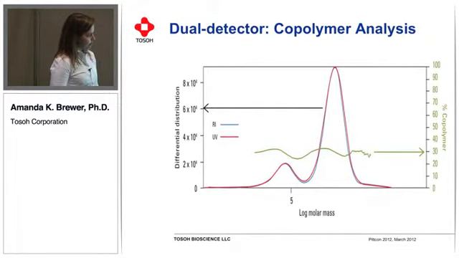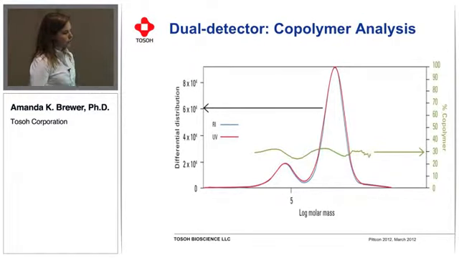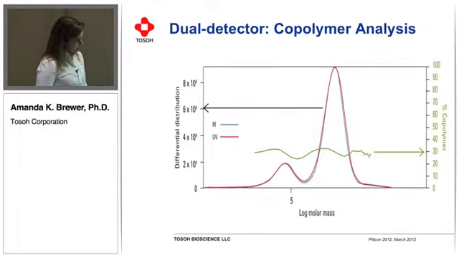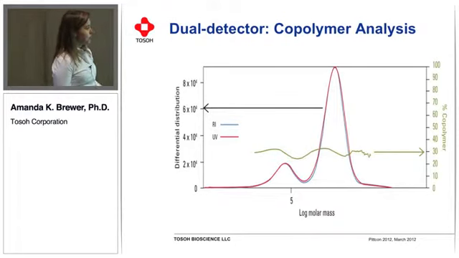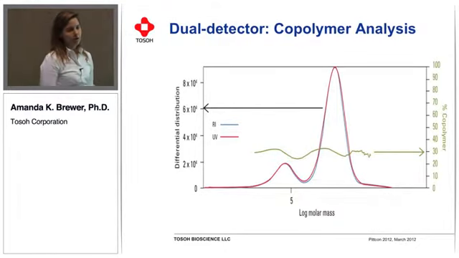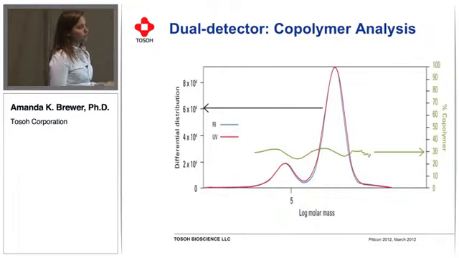We look at the molar mass distribution, and at the same time, we can look at the copolymer composition across the distribution. So for this particular example, you can see the copolymer composition is about 30% of the copolymer. So by just having these two concentration sensitive detectors, you can obtain more information about your polymer if you're dealing with a copolymer than if you only had one detector.